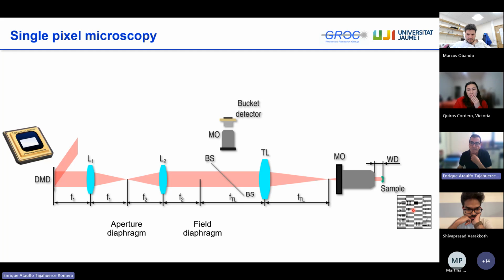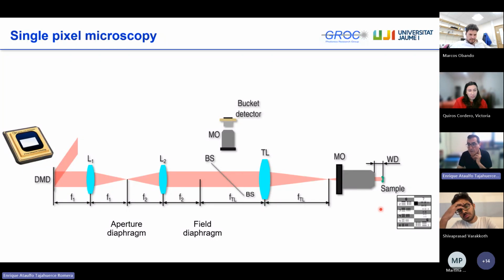So the sample is scanned with these wide field patterns on a microscopic scale. Then we can record the transmitted light, the reflected light. We can record the fluorescence coming from the sample.